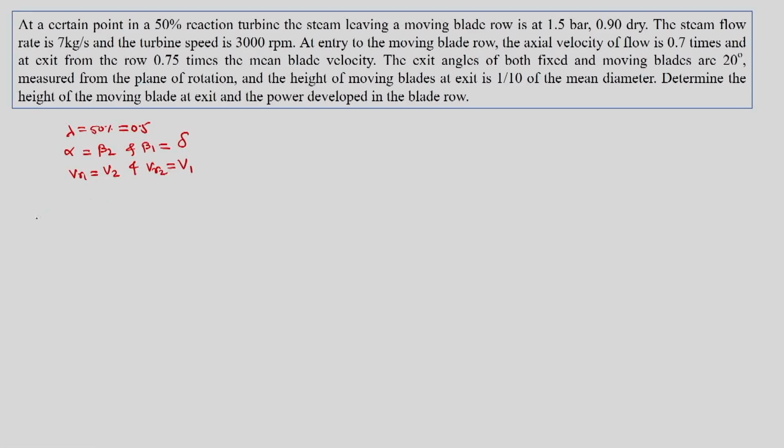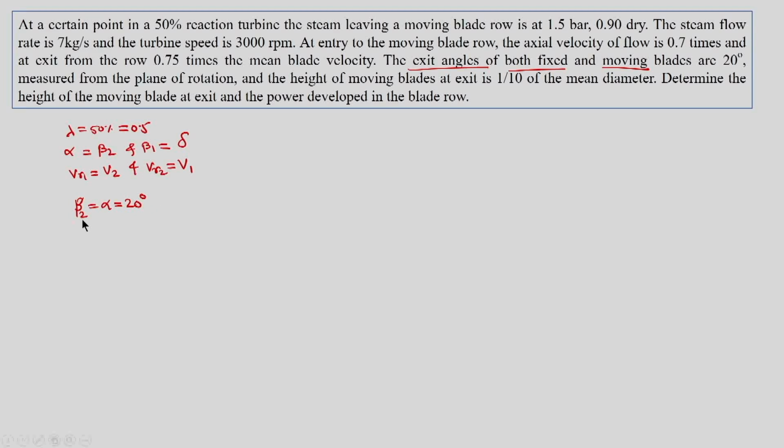Further, we are told that exit angles of both fixed and moving blades are 20 degree. That means beta 2 is equal to alpha is equal to 20 degree, and this is what is given.